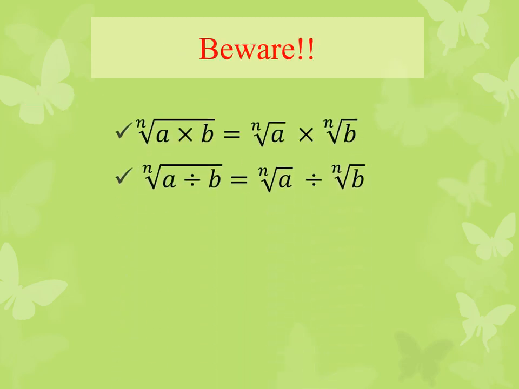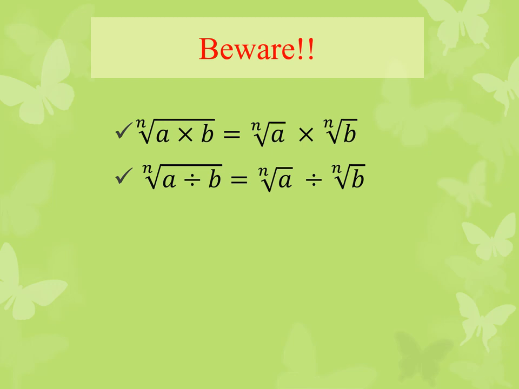I want you to pay attention that the nth root of a times b is equal to the nth root of a times the nth root of b, and that the nth root of a divided by b is the nth root of a divided by the nth root of b.